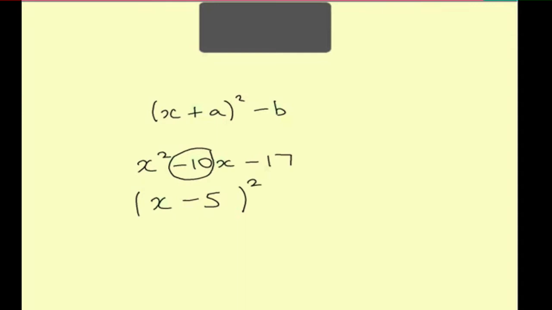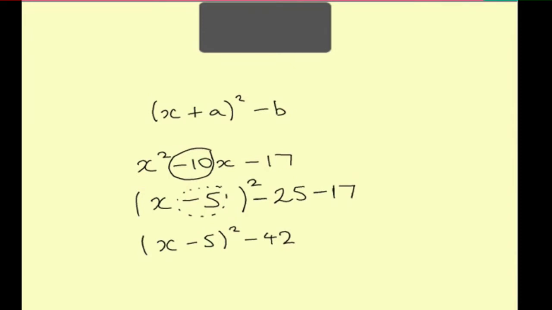You then square the bracket, you take the value of minus 5, you square that, which is 25, and then you take away whatever that value is, all squared, which in this case is 25. And then you've got a minus 17 there anyway, which we need to put there. And now we need to tidy it up. So minus 25 minus 17 is minus 42.